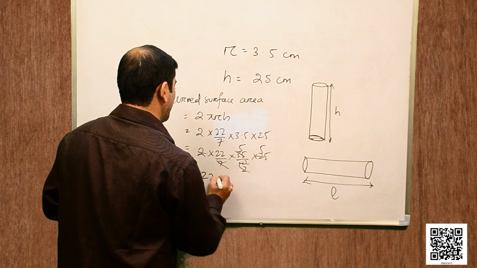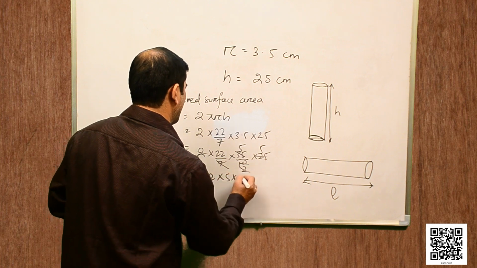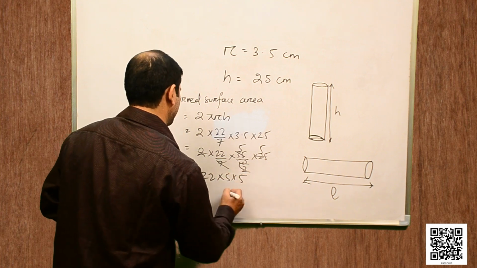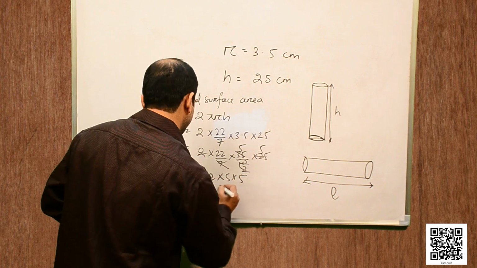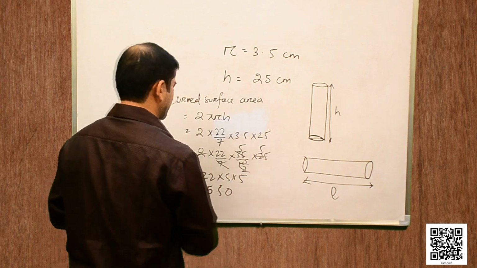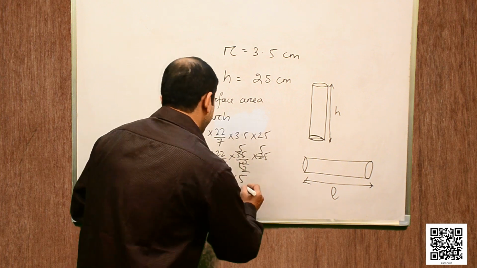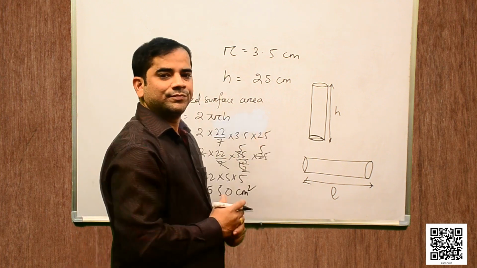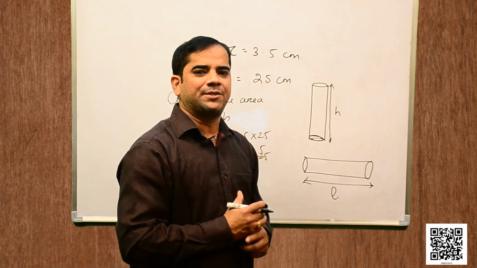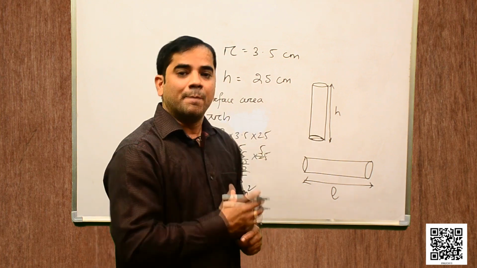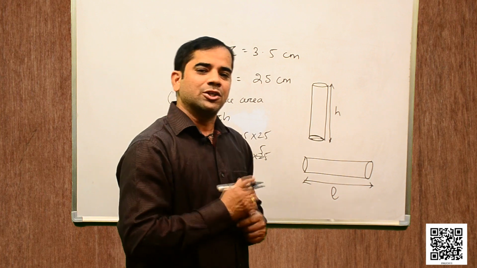So 22 into 5 into 5, that is 550 centimeter square. So this much chart paper is required to make this kaleidoscope.